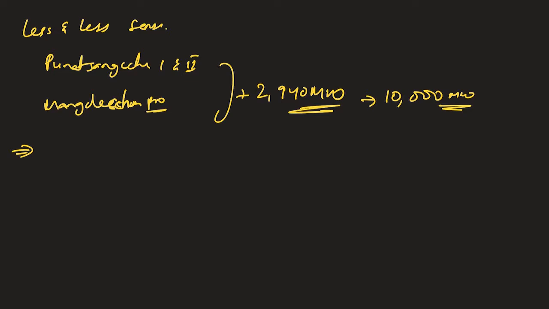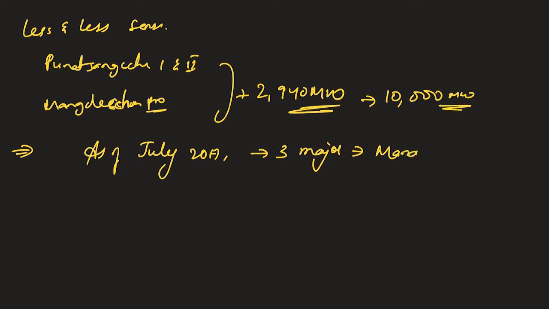The challenges emanate from the growing debt burden that Bhutan carries due to delays in the major hydropower projects. As of July 2017, the three major ongoing projects Bhutan turned to India for are Mangdechhu and Punatsangchhu 1 and 2.